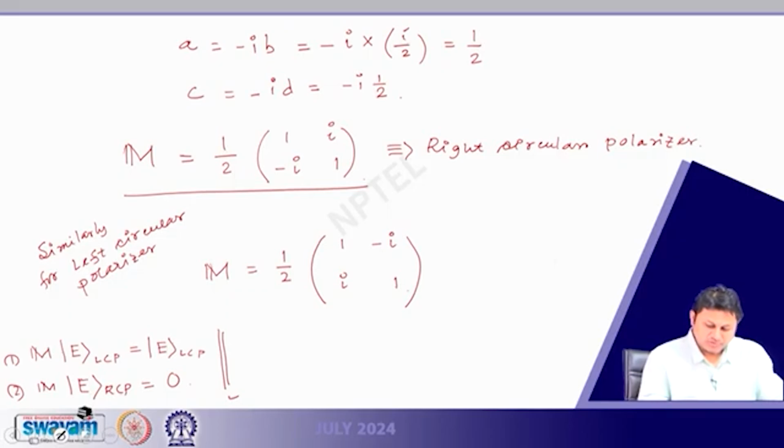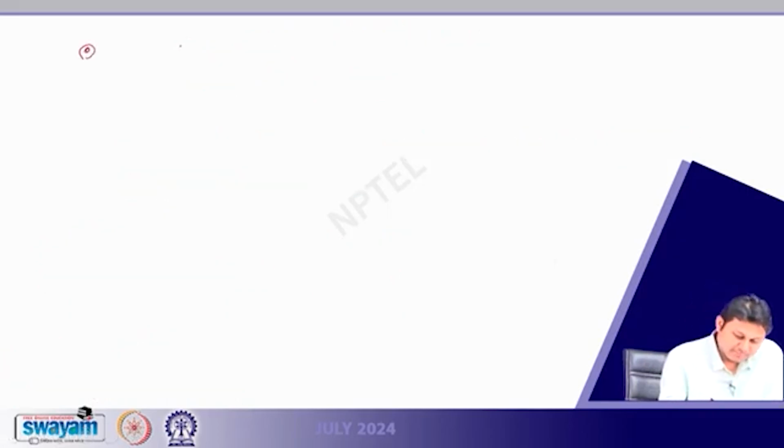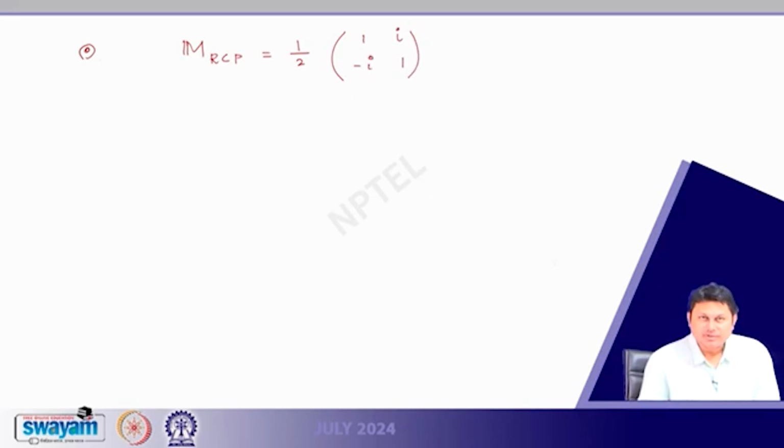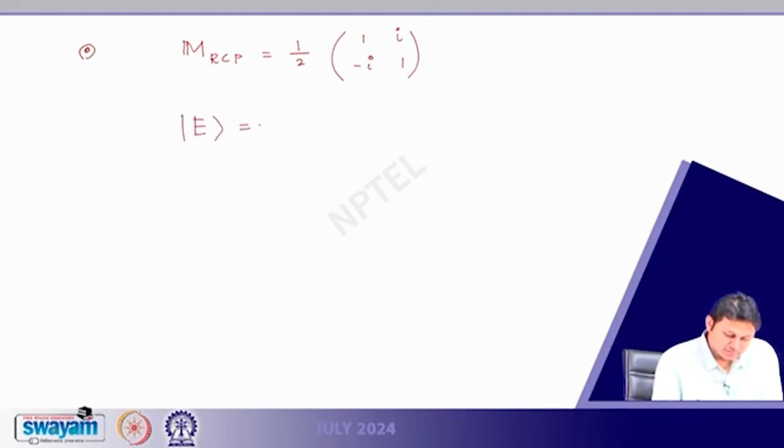For example, our M for right circularly polarized light is half of 1, i, minus i, 1, that is the matrix defining the right circular polarizer. And for any arbitrary polarized light, the most general one, I am writing now an elliptically polarized light: A plus iB, and C plus iD.